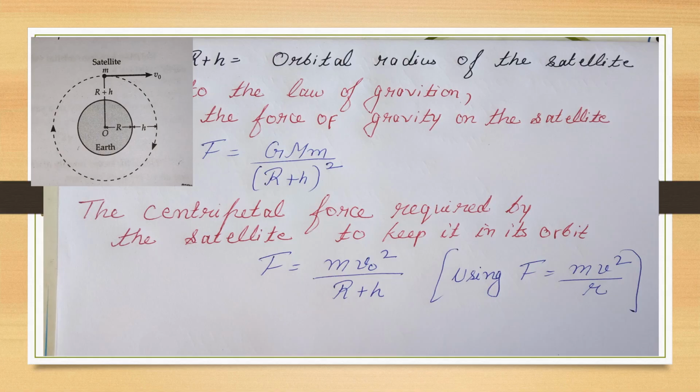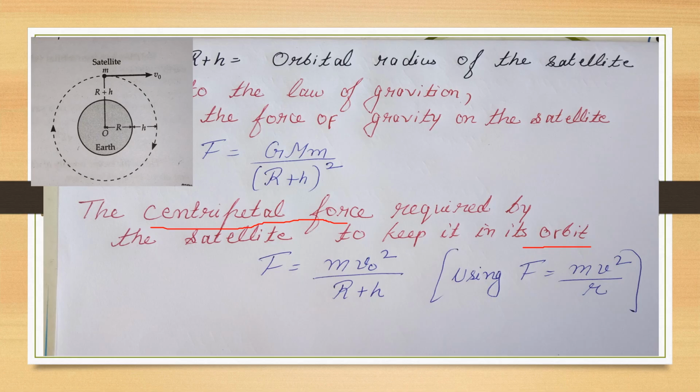So we know that for any object or satellite to be in circular motion, there is a requirement of the centripetal force. So the centripetal force required by the satellite to keep it in its orbit is given by F is equal to m v0 square divided by R plus h.